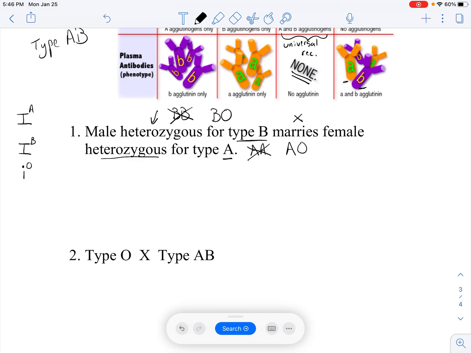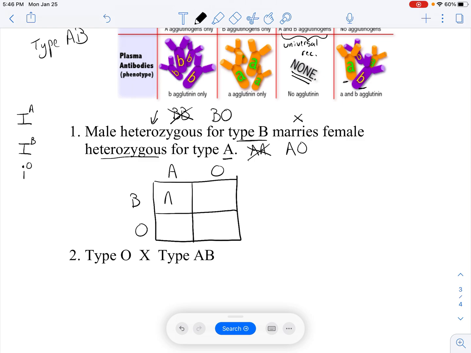She must be AO. So your cross is going to be BO crossed with AO. And you're going to put the alleles in alphabetical order. So the A goes before B and the B goes before O.